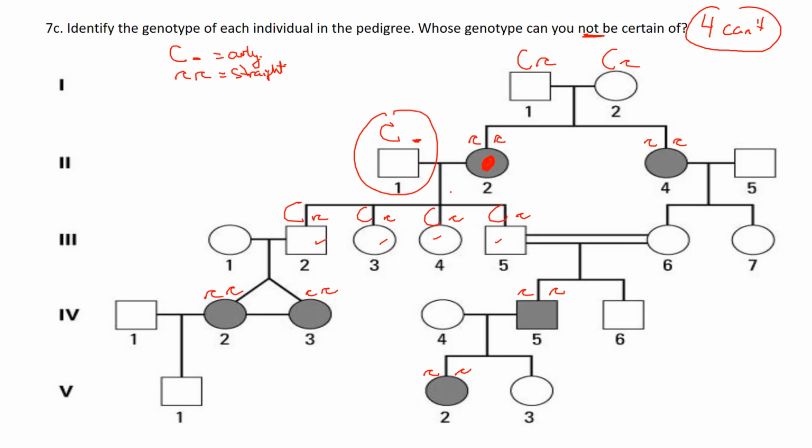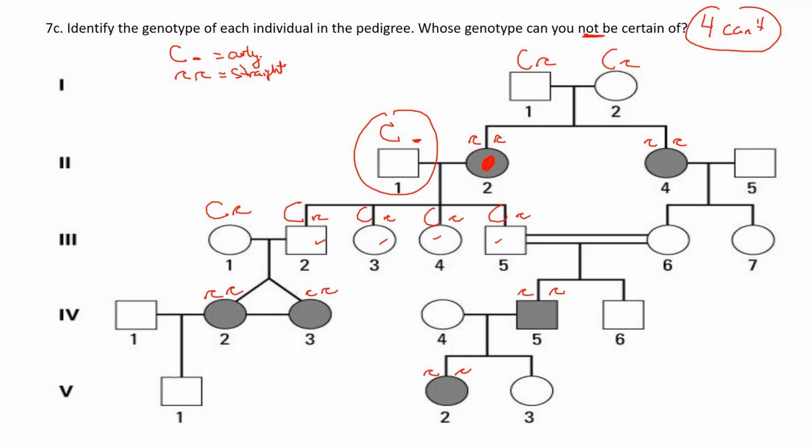All right? And often with people that just marry into families, that information isn't always provided. This individual, capital C, because they have curly hair, but because they had kids that had straight hair, they must be carrying the recessive allele for straight, so we can fill that one in.